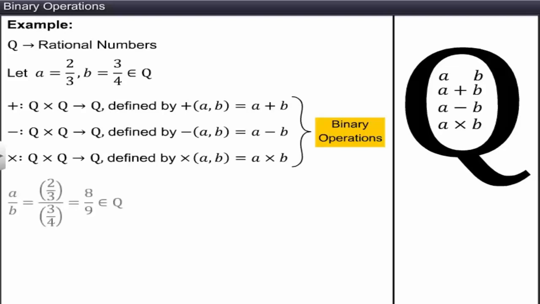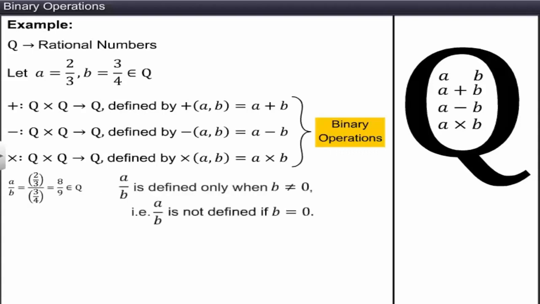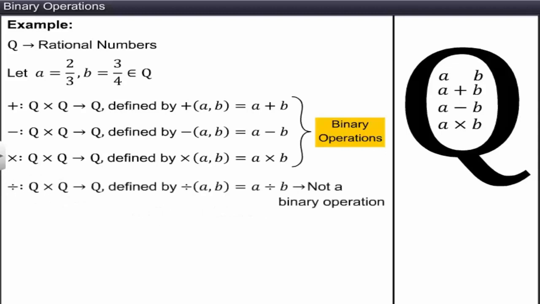Now, the division of two rational numbers may not result in a rational number, as A divided by B is defined only when B is not equal to 0, otherwise it is not defined. It means that division from Q cross Q to Q is not a function, and hence not a binary operation.